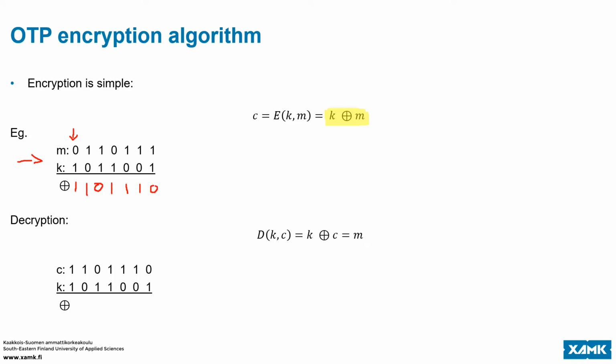The decryption algorithm is the same operation, this time just using the key and the ciphertext. So for instance, here, starting from the left of the ciphertext, 1 and 1 XOR together produces a 0, 1 and 0 produces a 1, 0 and 1 produces a 1, 1 and 1 produces a 0, 1 and 0 is 1, 1 and 0 is 1, 0 and 1 is 1.